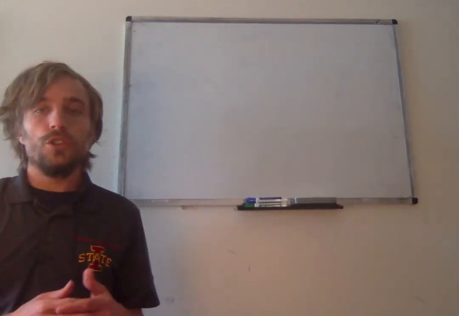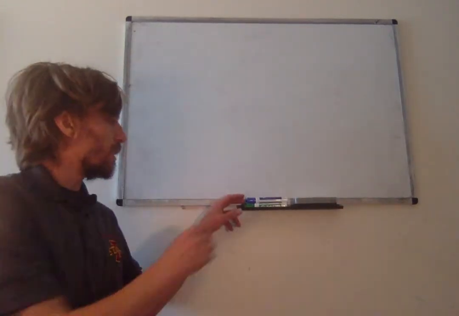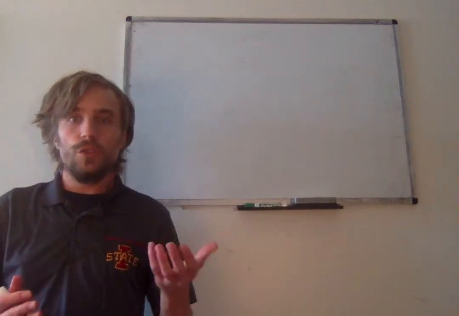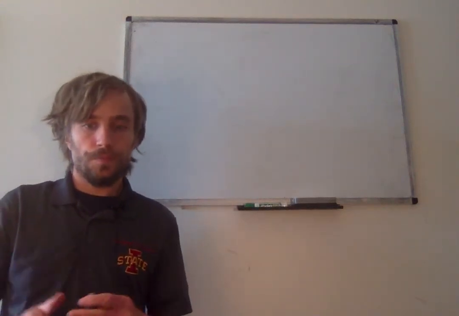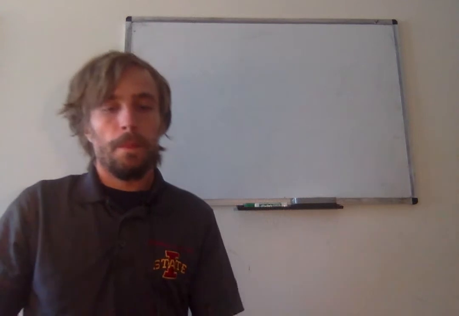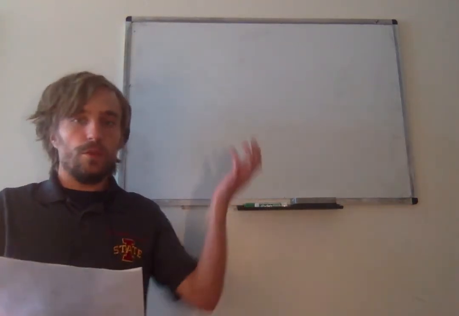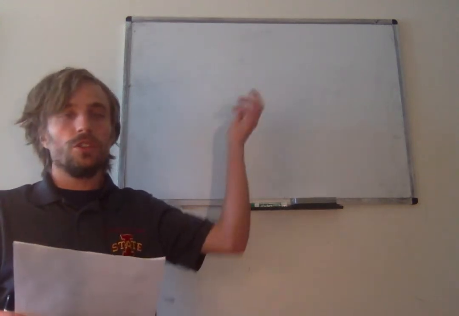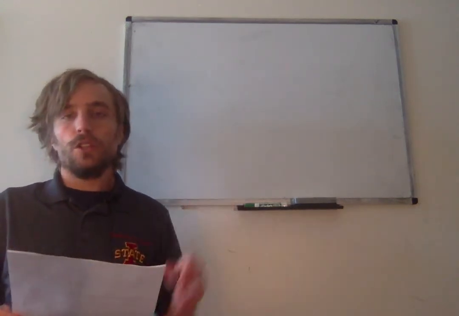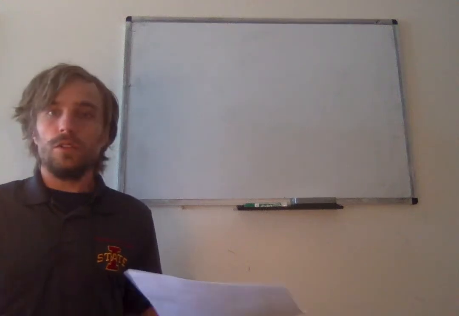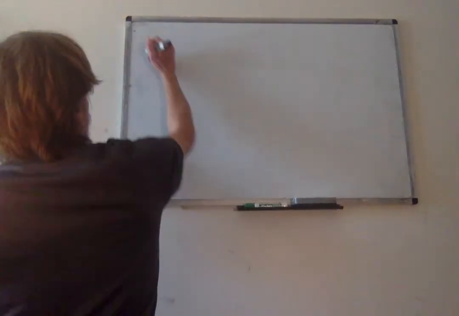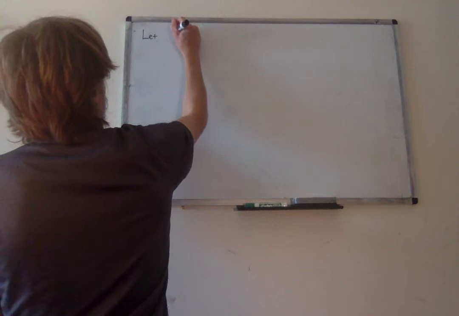All this example is doing is walking through the same steps as the first example, but using the new notation we now have. So pause the video, try the example on your own, or if you don't have the worksheet in front of you, I'll write the example on the board, and then pause, and then I'll go over the solution. So we're going to be in R2 again.